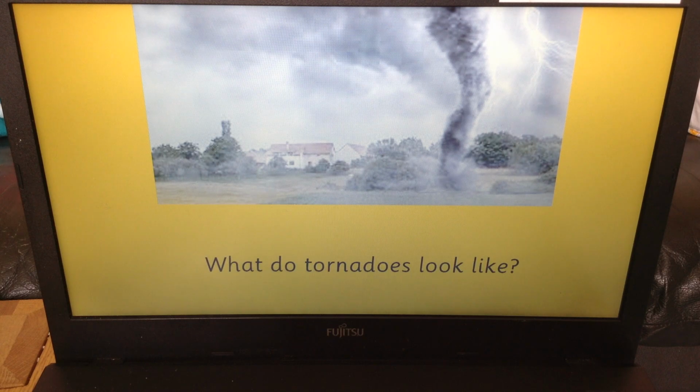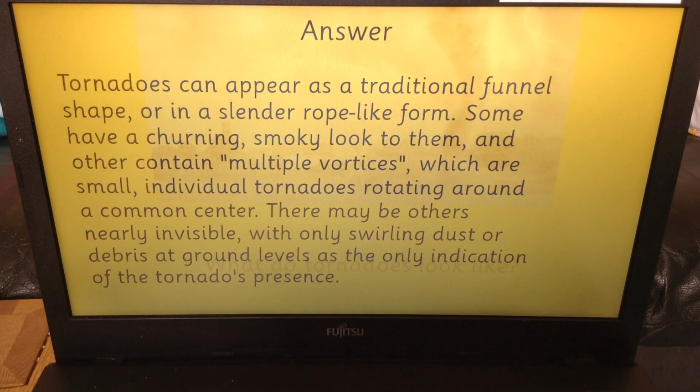There may be others nearly invisible, only with swirling dust or debris at ground levels as the only indication of the tornado's presence. So again, discuss with somebody what you think a tornado looks like. There are lots of pictures available on the internet that you can have a look at. When you're happy with what you've said, go on to the next slide where your answers are.